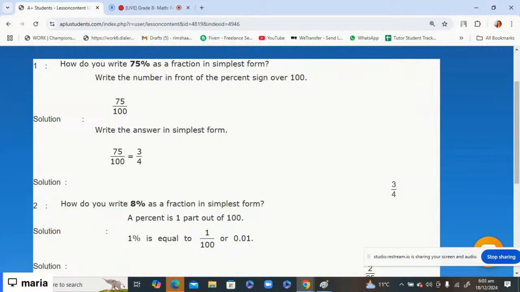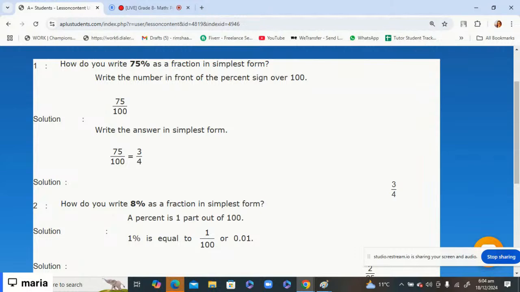So how do we write 75% as a fraction in the simplest form? What is the meaning of percent? Percent means divided over 100. Anything in the form of percent, like 2%, 3%, you are going to divide that number over 100.